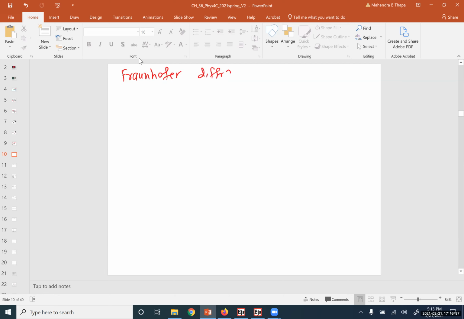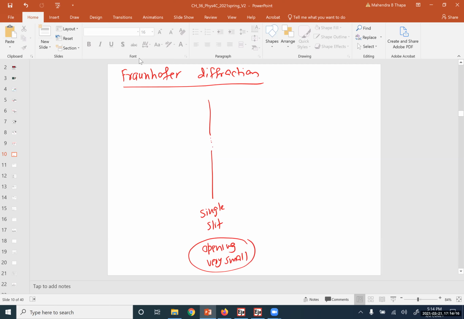In this case, say, this is a single slit, just one hole, one opening. Be careful that this hole looks very big, but in actual practice, this opening is very small. So we should be careful about the opening.